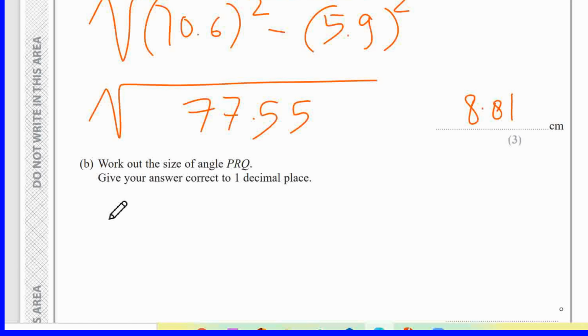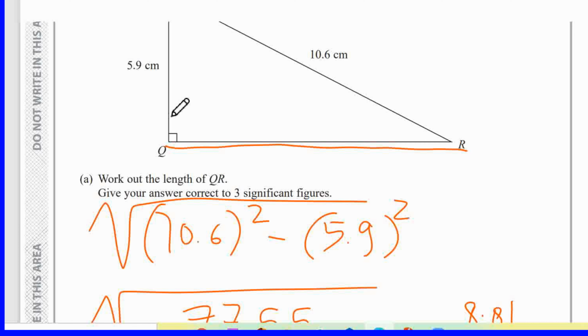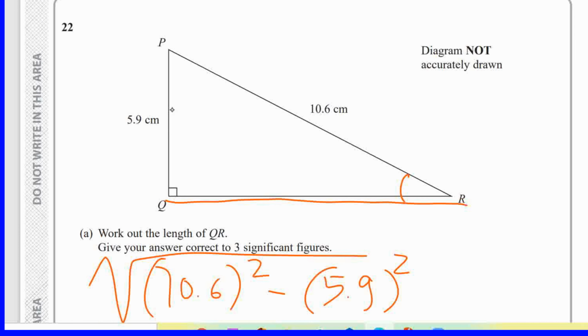Now we work on the size of angle PRQ. We can use this and this. This is the side opposite this angle. This is the hypotenuse.